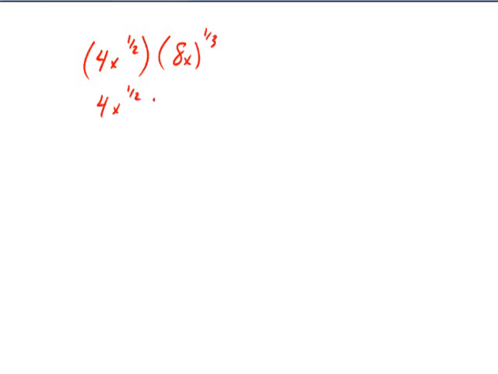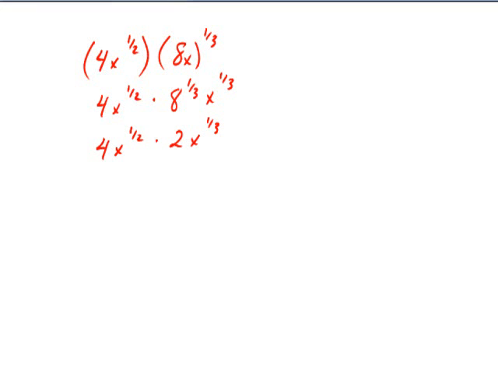But the 8x quantity to the 1/3 would be 8 to the 1/3, x to the 1/3. If I simplify a little further, 4x to the 1/2 times the cube root of 8, which is 2, x to the 1/3.